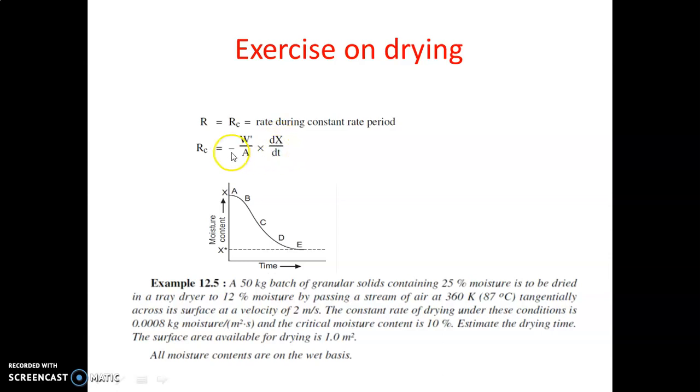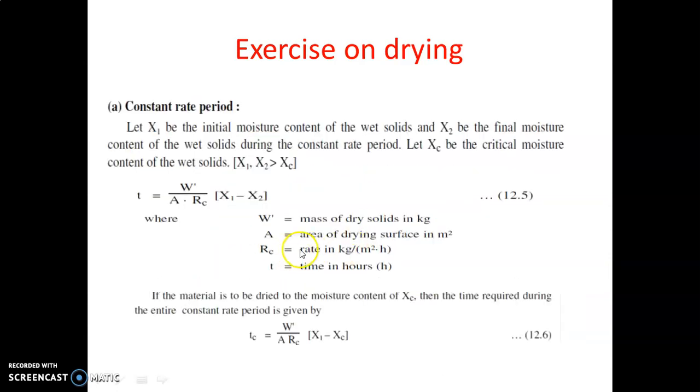This slope is negative and the minus sign is negative, so RC becomes positive. So this is RC, the rate in kg per meter square hour, and this is the required formula for calculating T, the time required for drying in hours.